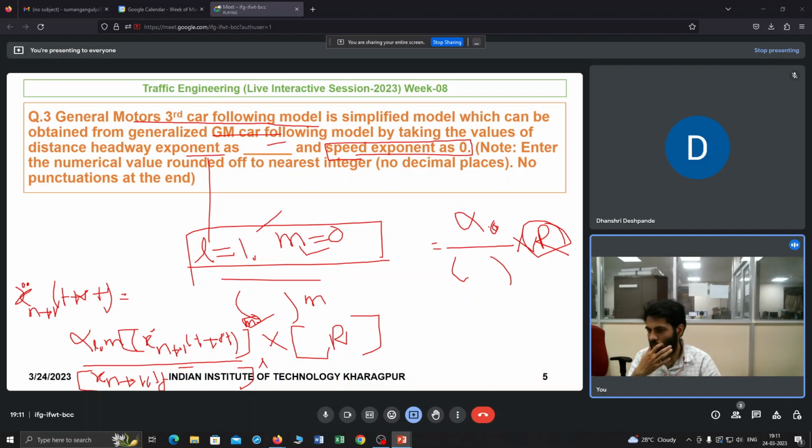So this is nothing but your third generation model. Similarly, with any valid values of L and M you can go back to the fourth generation model, because the fifth generation is the generalized model. So if you remember this model, it is sufficient to calculate the other versions of the models.